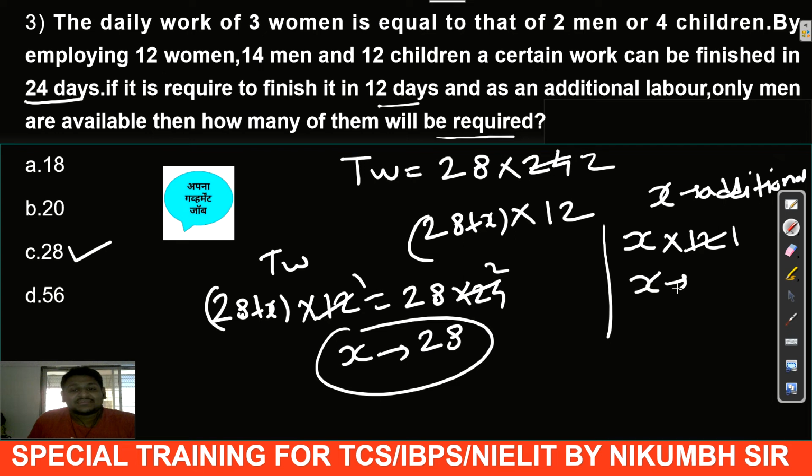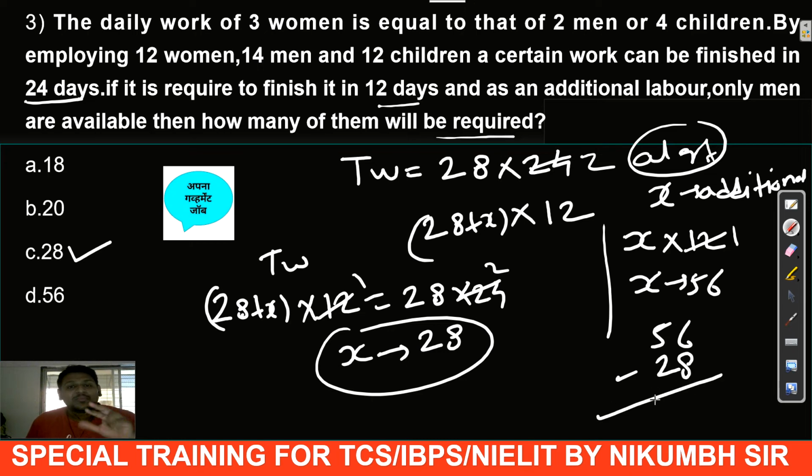Now here also you can see, 12 2s are 56. So value of x is 56 now, but the 56 number is with additional men also included in that. And in the options you can see TCS gave 56 also. So this is an alert question. Either do like this, or here x value is 56. How many men are there earlier? 28.